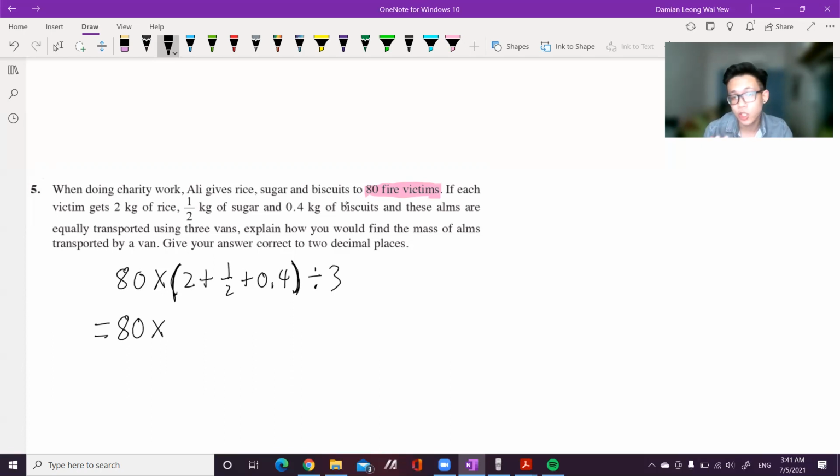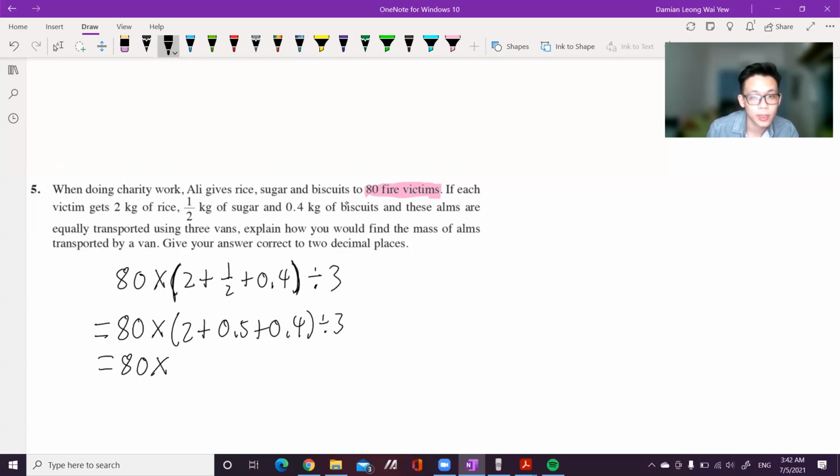So when it's easy to change to decimal, I would usually prefer decimal because decimals are easier to count compared to fraction. Okay. So I change it to decimal: 0.5. So when I add them together, 2 plus 0.5 plus 0.4 is 2.9.